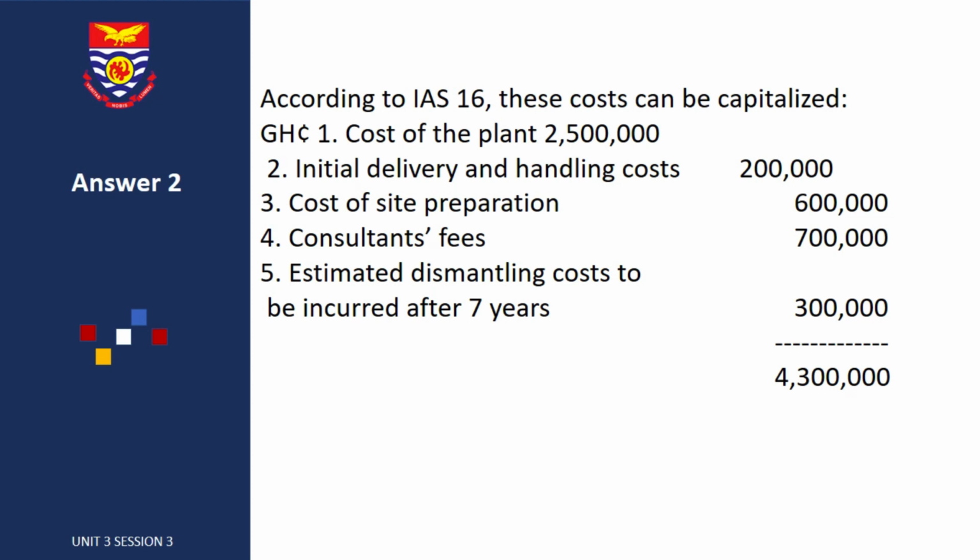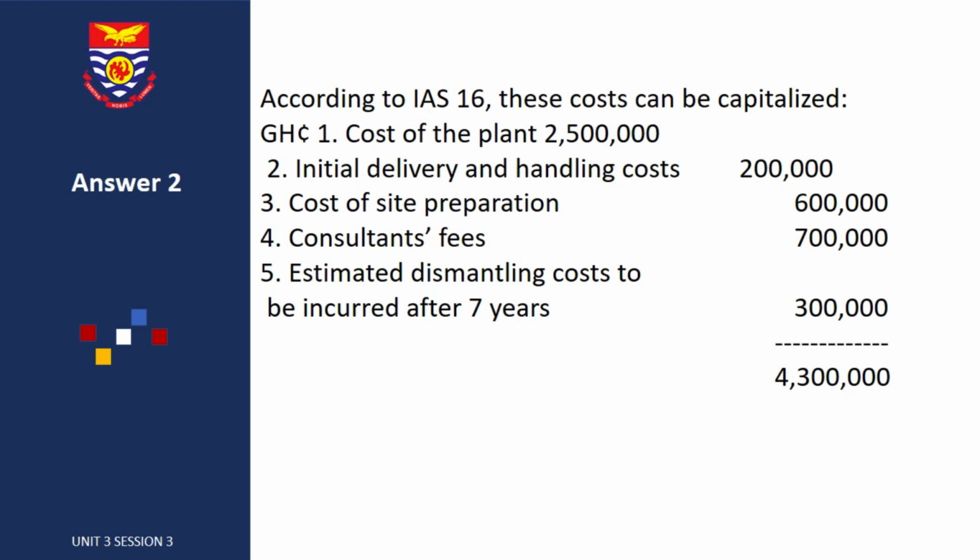The cost of the plants, 2.5 million. The initial delivery and handling cost, 200,000. The cost of site preparation, 600,000. A consultant fee of 700,000. And then the dismantling cost, 300,000, giving a total of 4.3 million.